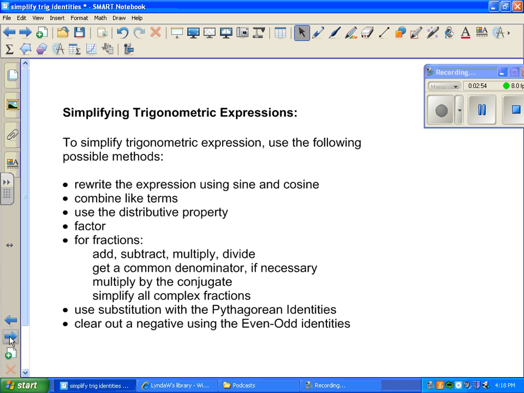And next, I've just listed some of the possible things that you could use. So anytime you're trying to simplify trigonometric expressions, here's the first thing I did. I rewrote using sine and cosine. So if you have tangent, cotangent, secant, and cosecant, rewrite them. A lot of times we might want to use algebra like combining like terms, using the distributive property to get rid of fractions, or to get rid of parentheses.